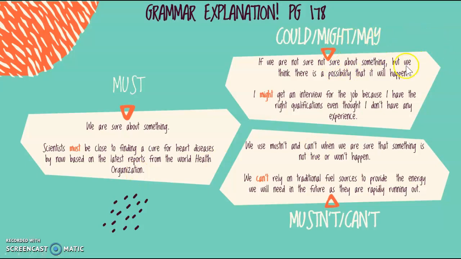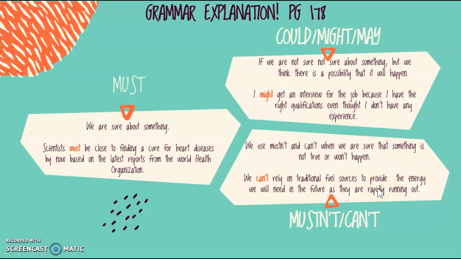Could, might, and may are for possibilities. It means that you are not so sure whether something is true or not, but you think it's possible it will happen. I might get an interview for the job because I have the right qualifications even though I don't have any experience. You are speculating here. There maybe deducting, here speculating.